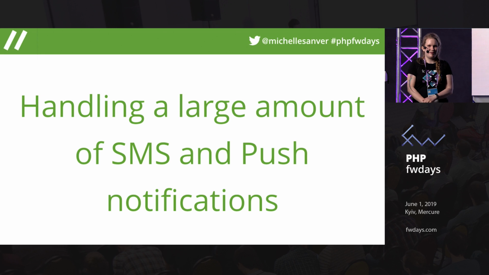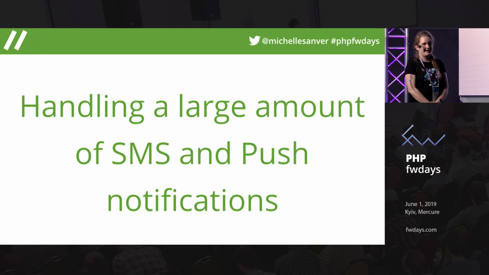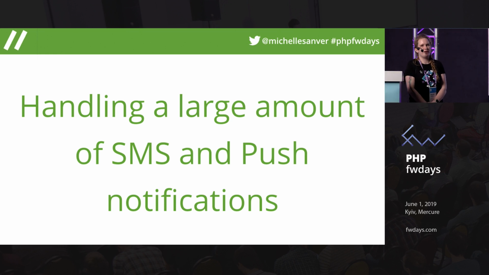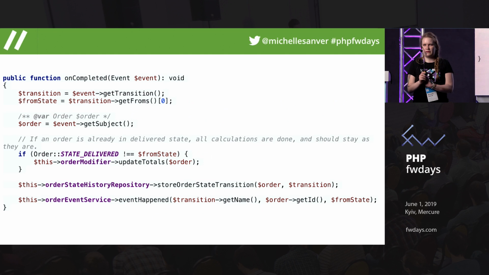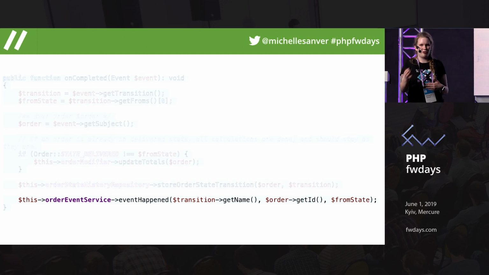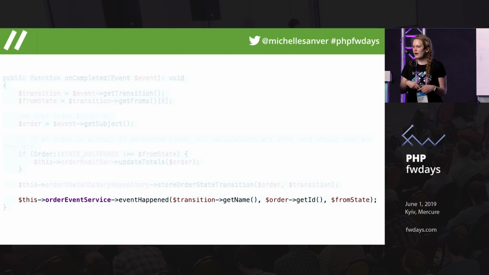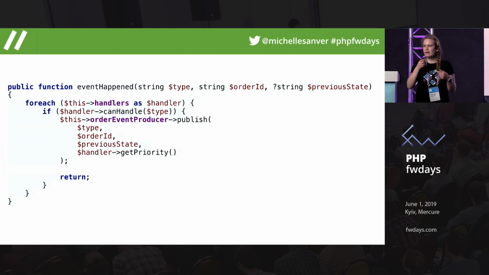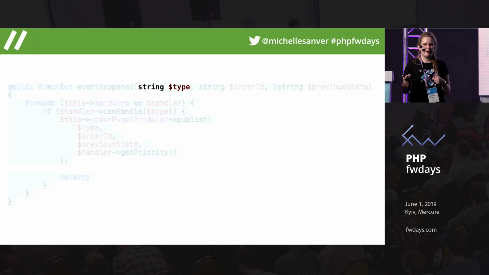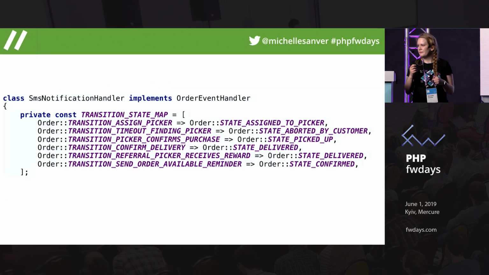Now, handling a large amount of push notifications is going to take a bit longer for me to explain, so I will do that quickly, and whoever is interested can discuss that with me during lunch. But very quickly, what we did is that every transition has a name. So we created our own order event service, and we tell it that an event happened, like this. And we tell which type it is, and that's the transition name.